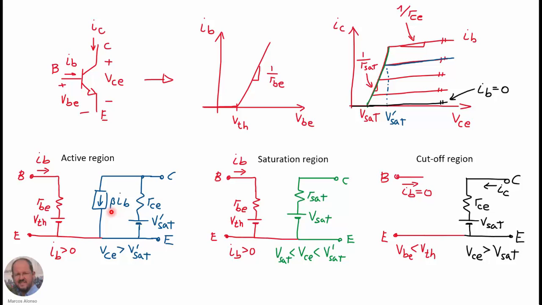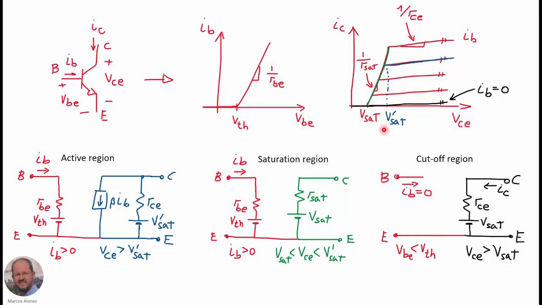And in order to model the slope of the characteristics in active region, we add this series resistance here, RCE, and this voltage source, V sat prime, in parallel with the current source. So with this, we will be operating in this part here corresponding to the active region.